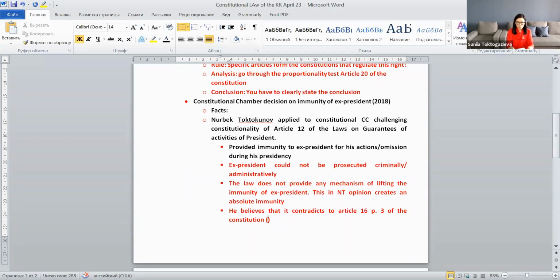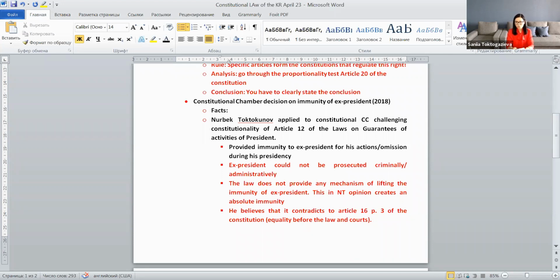So, Nurbek Toktokunov believes that Article 12 of the law on guarantees contradicts Article 16.3 of the Constitution, which is about equality of everyone before the law and courts. This principle guarantees that everyone is equal before the law, irrespective of status, gender, religion, etc. No one can be above the law and above the courts.